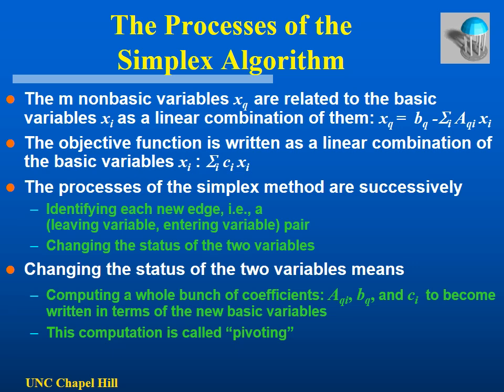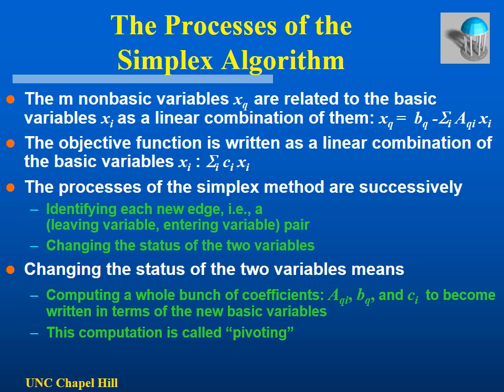And we could write x sub q as some constant b sub q minus a sum of coefficients times each of the optimization variables x sub i.